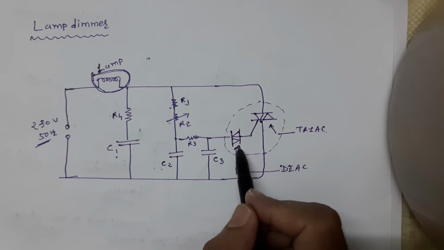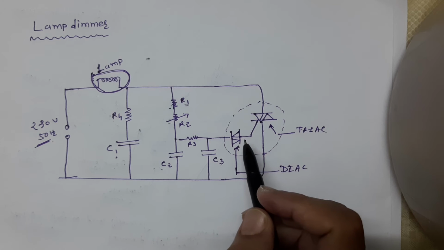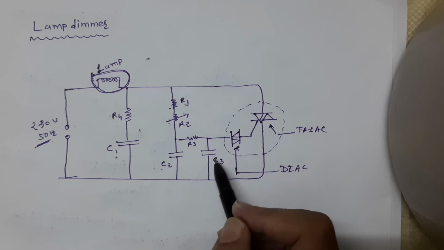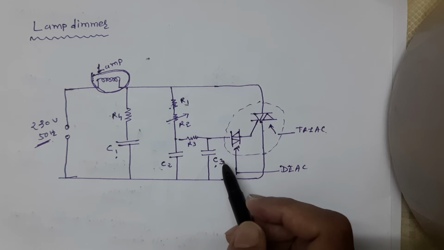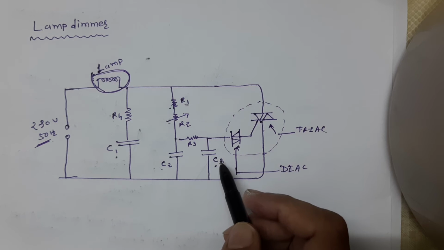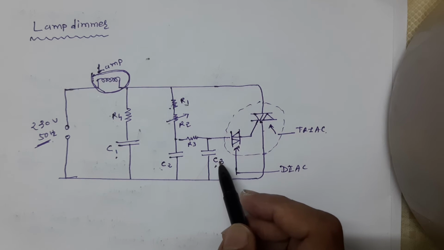Now this diac is in the conducting state. The capacitor C3 discharges through the conducting diac into the gate of the triac. Hence, the triac is turned on to pass the AC power to the circuitry.